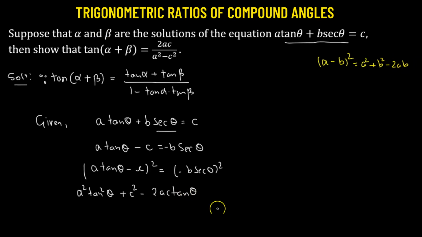And on the right hand side, negative b squared will become simply positive b squared, and we have secant squared theta. Now we know for a fact that there is a relationship between tangent theta and secant theta. That means 1 plus tangent squared theta equals secant squared theta. So we can replace the secant squared theta with 1 plus tangent squared theta.